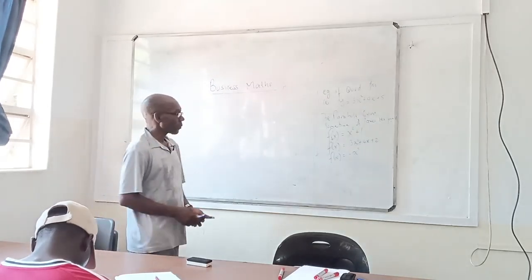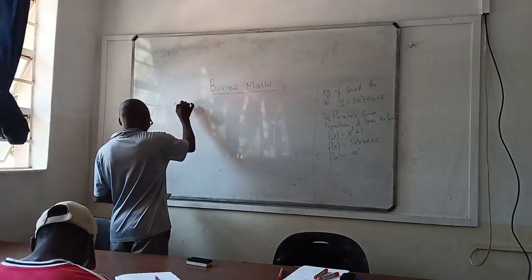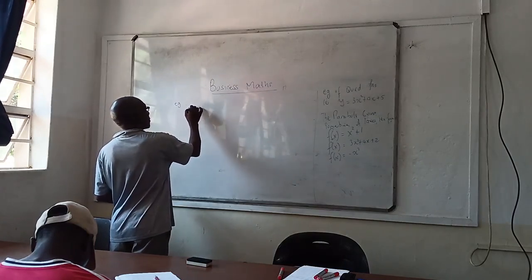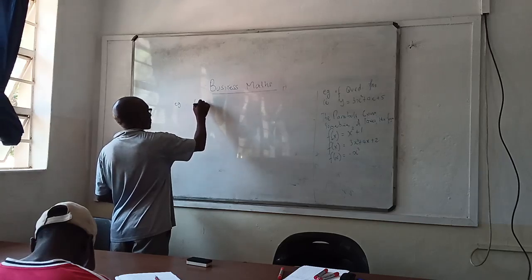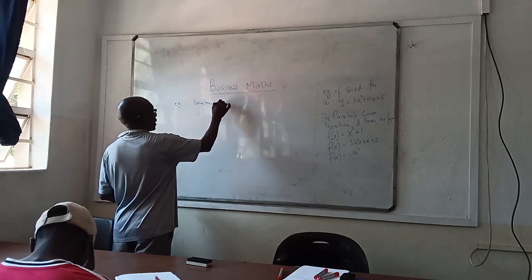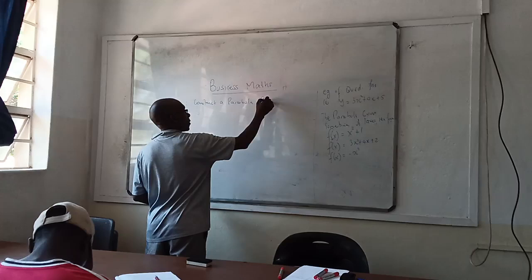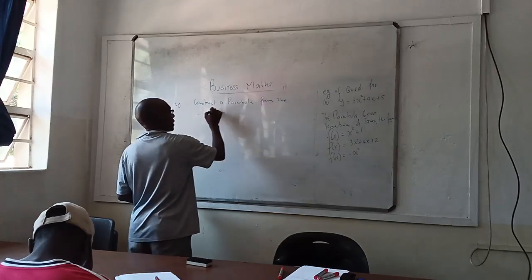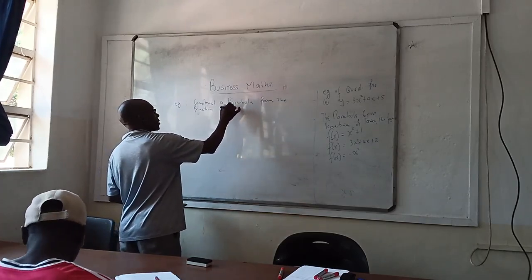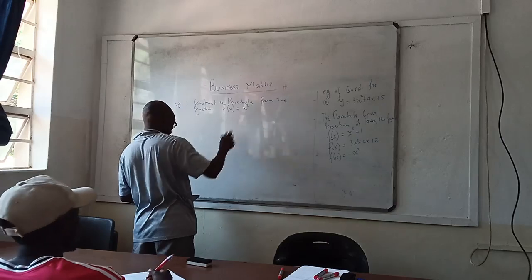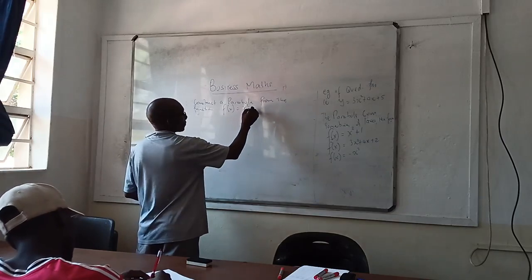Example. Construct a parabola from the function f of x equal to x squared minus 1.